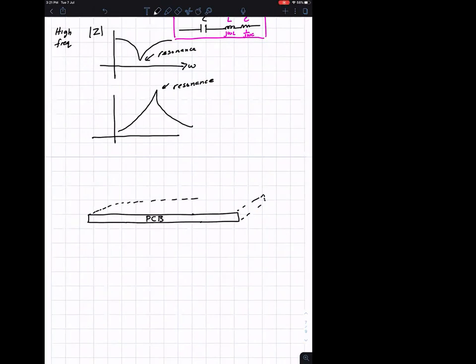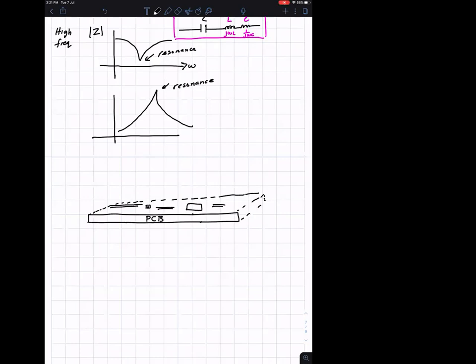You have components, you have transmission lines, you have chips, and then you have traces moving all over the place, right? You have all kinds of things. This is a PCB.